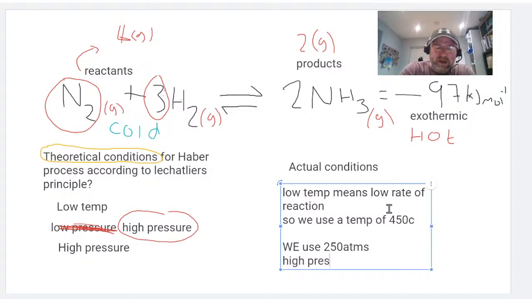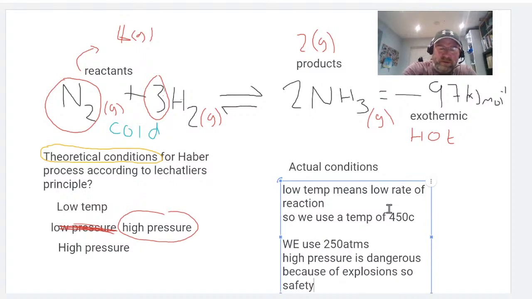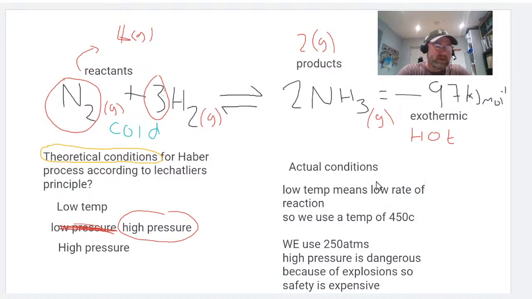Well, high pressure is dangerous because of explosions. So safety is expensive. You basically need really thick walls, like 2 foot thick, if you're going to have mega high pressure, and that's very, very expensive. So basically, it's a compromise.